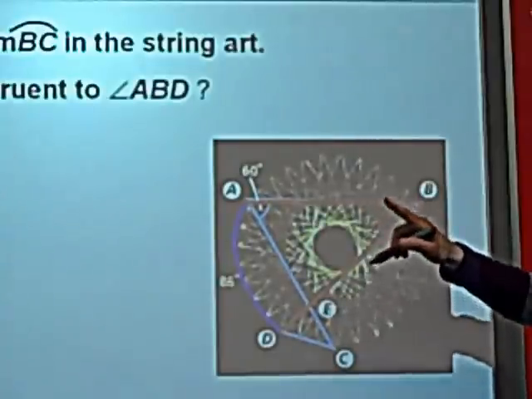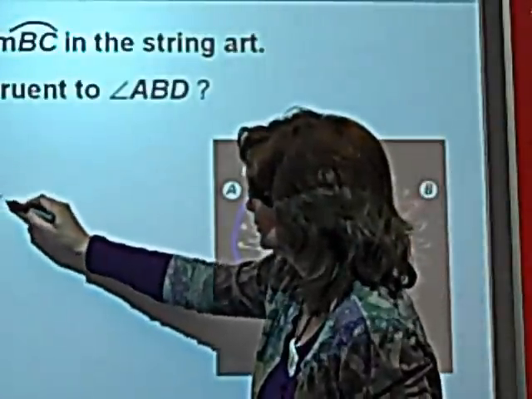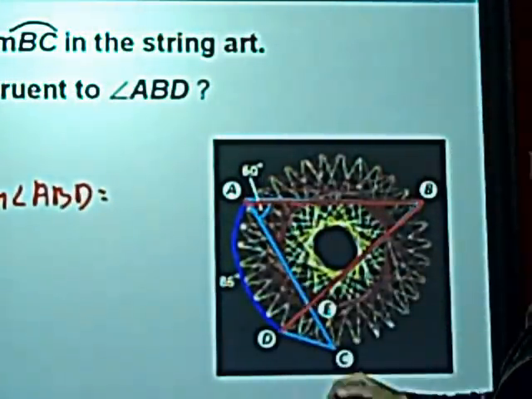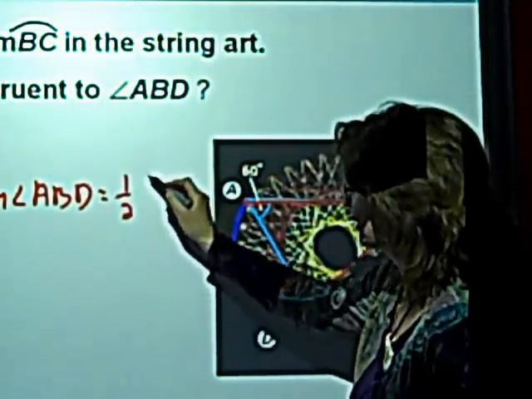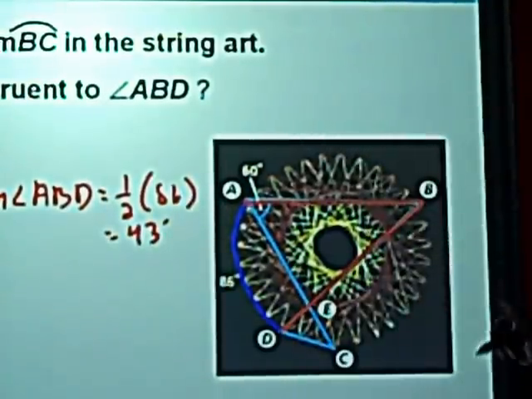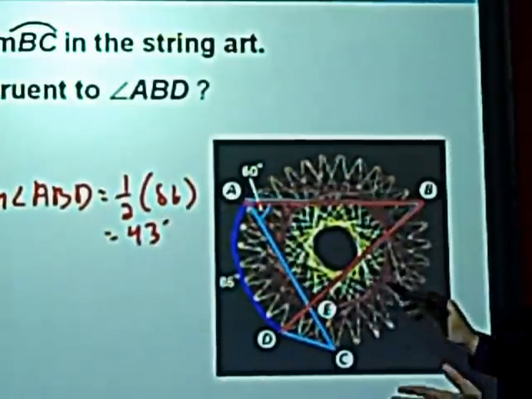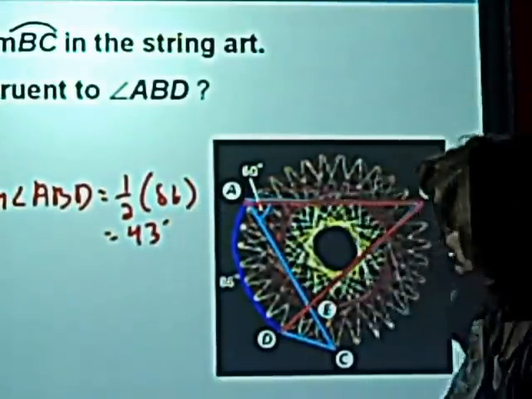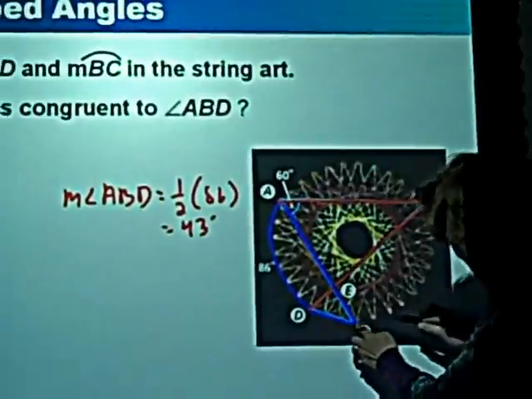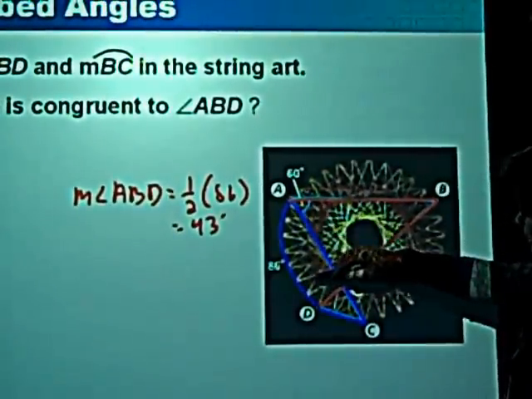So the first thing I'd say, okay, the measure of angle ABD must equal half of the arc. So half of 86, so it's going to be 43 degrees. I also know, if I look, what other angle is intercepting this arc, I can see ACD, C's on the circle, that also intercepts this 86 degree arc.